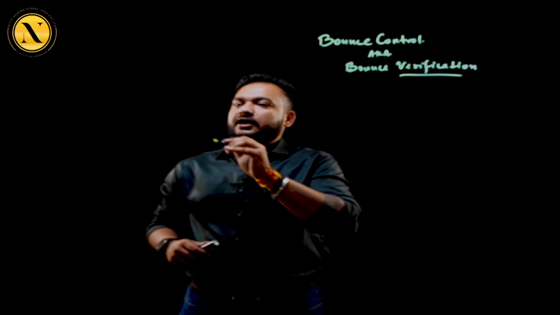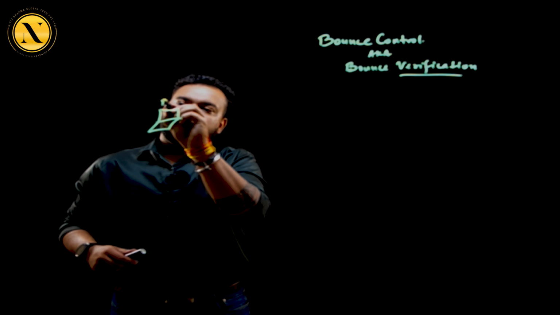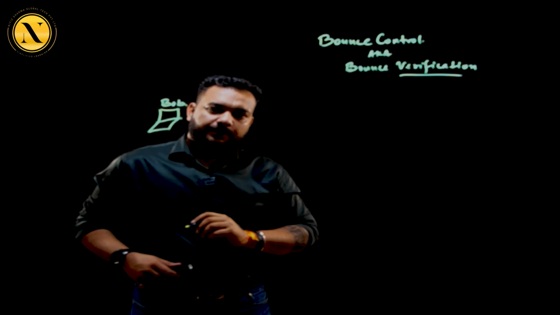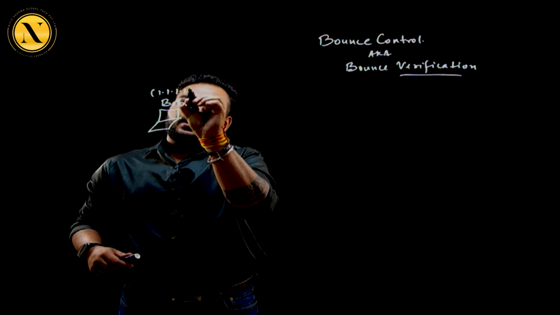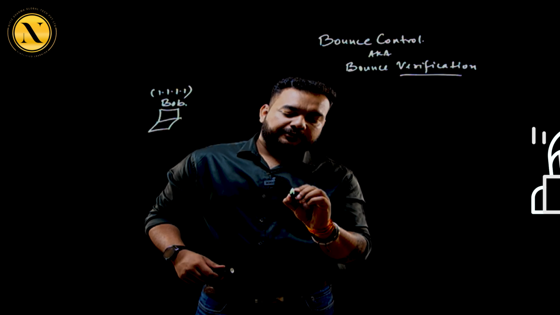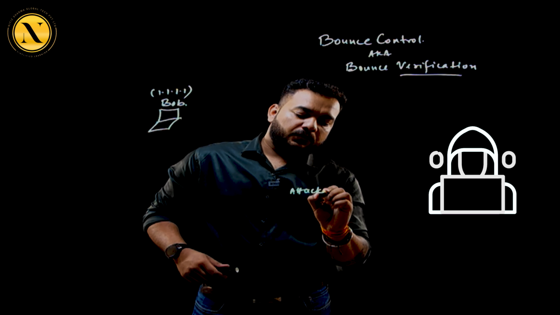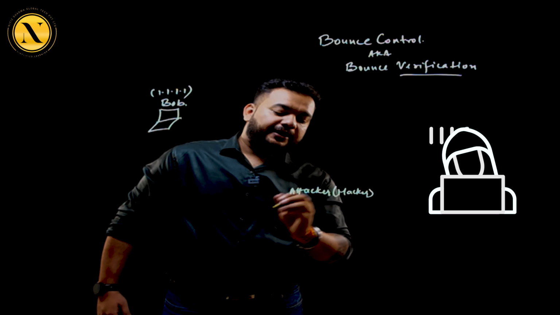So let's say that I have a user over here. I'll create a user and the username is Bob. Okay. Bob's IP address is, let's suppose, 1.1.1.1. There is another user who is an attacker, or I'll say a hacker.